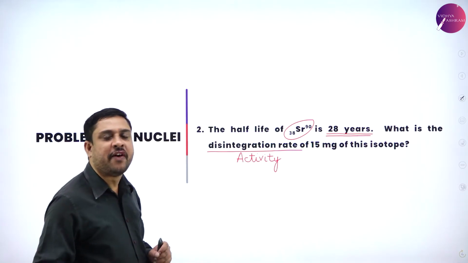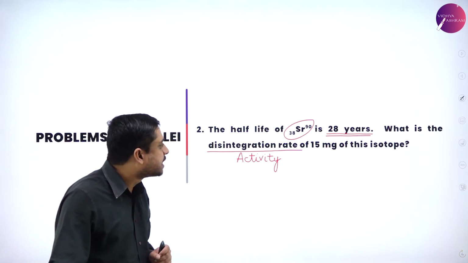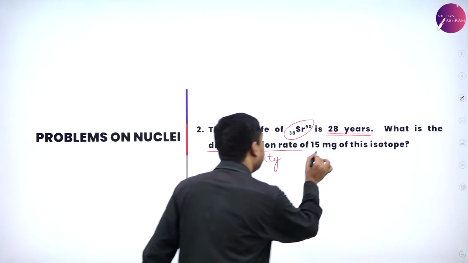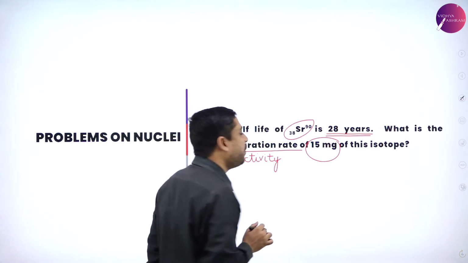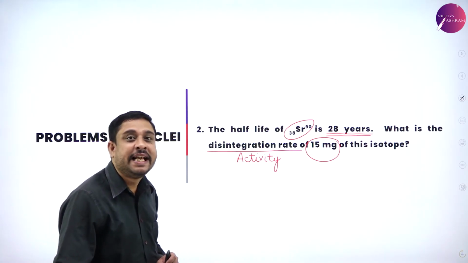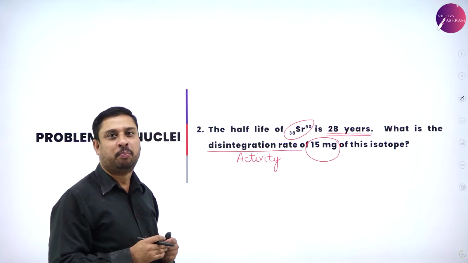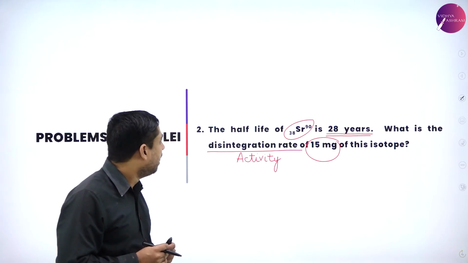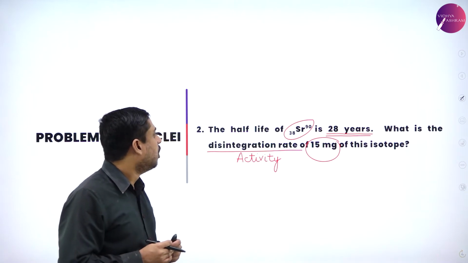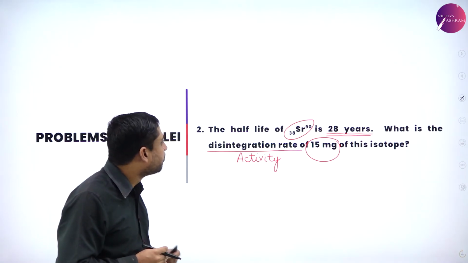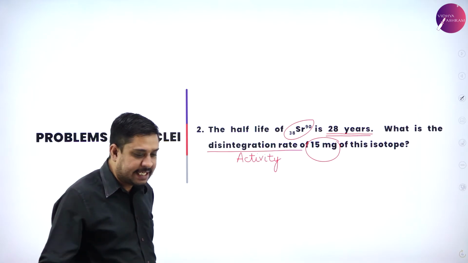I have to find the activity of what mass of the sample? 15 milligrams of this isotope. So, half-life of strontium is 28 years.